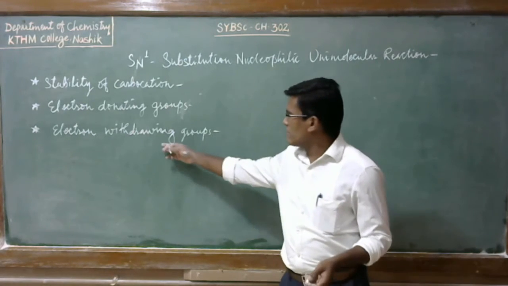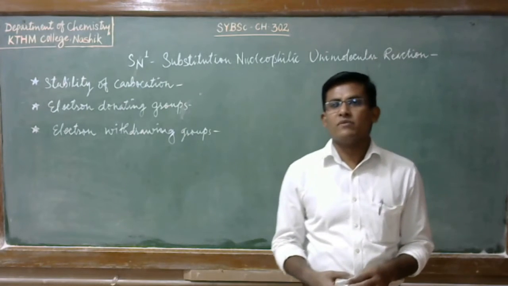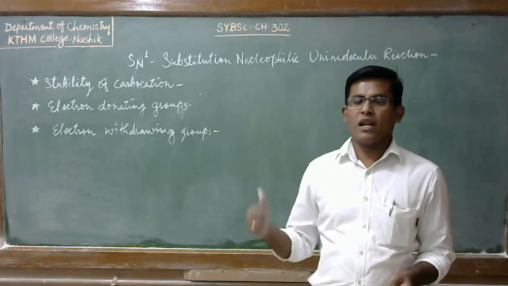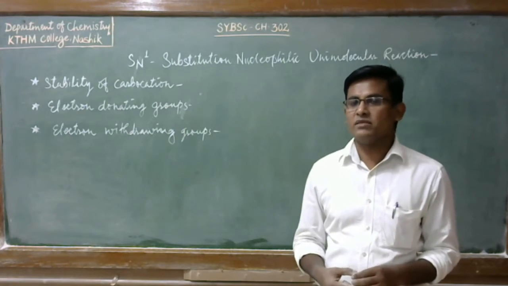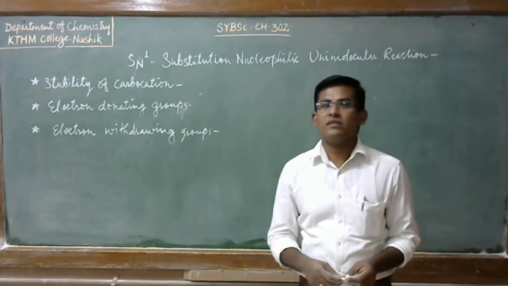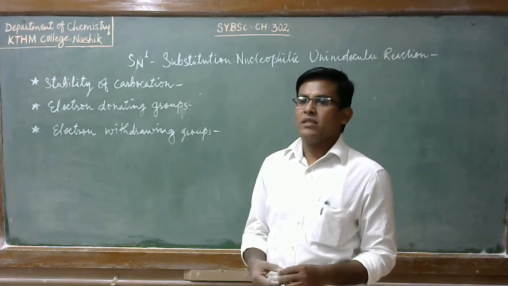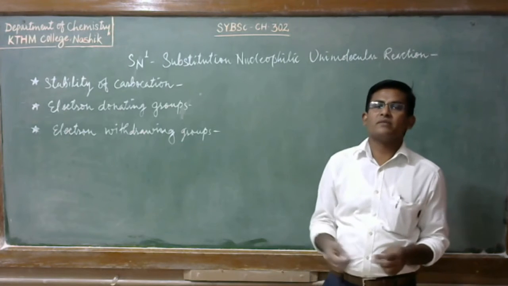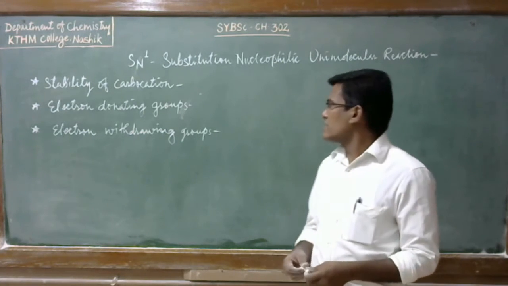Alright. So electron withdrawing groups withdraw the electrons from the carbocation. So the positive charge of the carbocation will intensify. So that means the rate of the SN1 reaction will get reduced. Alright. So due to this, the carbocation will get destabilized. That means the SN1 reaction rate will decrease.